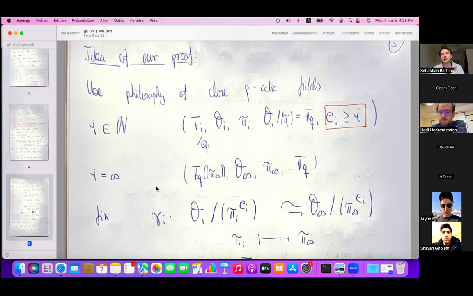So the idea is really you start from the characteristic P situation, and then you give yourself any family, because for any family of these p-adic fields we already know the arithmetic fundamental lemma. So you don't have to be specific about the choice you take.